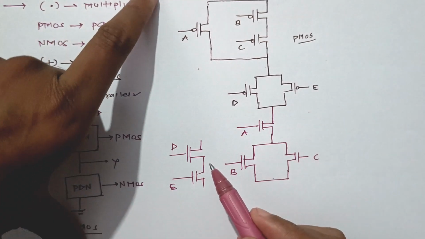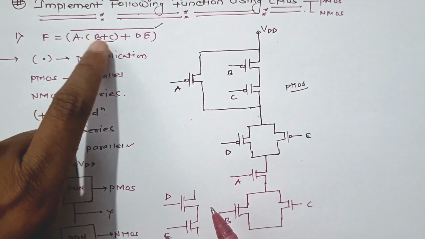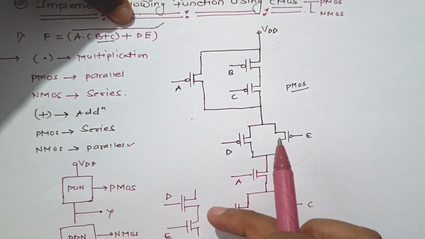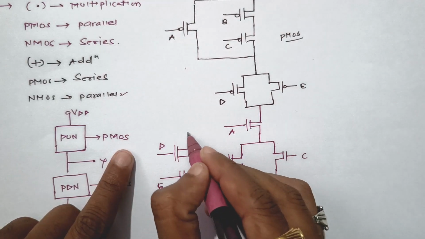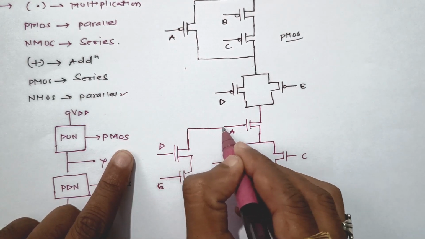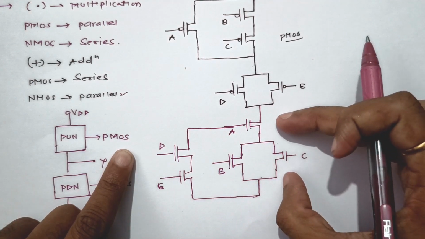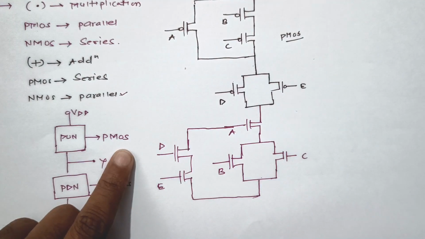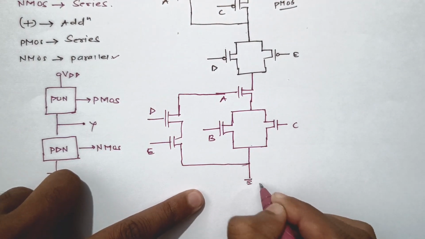Now DE plus this entire term. If it is plus, for plus NMOS is in parallel. So DE is in parallel with this entire combination. So we will put it in parallel combination like this, and this is also in parallel. So this particular entity is in parallel with D and E. Finally, we'll ground it. This is grounded.